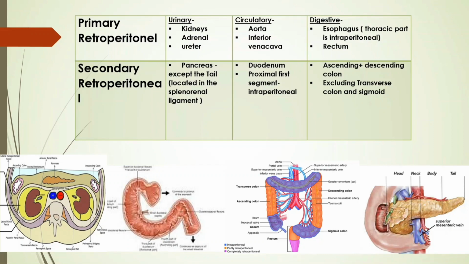But there's a slight twist here. Remember that the thoracic esophagus is intraperitoneal, whereas the abdominal esophagus is retroperitoneal. And with the rectum, technically it's subperitoneal because it lies below the peritoneum, but it does classify as retroperitoneal too.